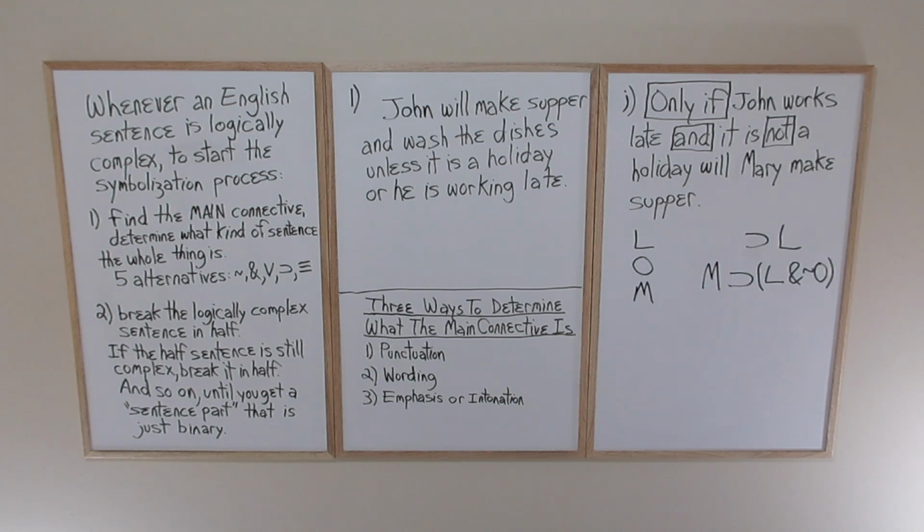Only if John works late and it is not a holiday will Mary make supper. In other words, only under certain fairly specific conditions will Mary be making supper. That's what's indicated by this symbolization. If Mary is making supper, then these two things must be true. First of all, John must be working late, and second of all, it must not be a holiday.